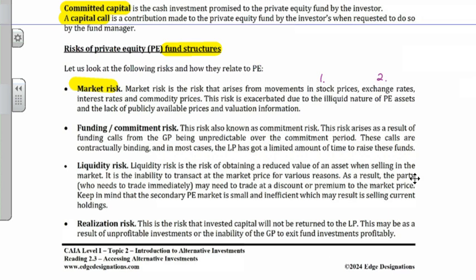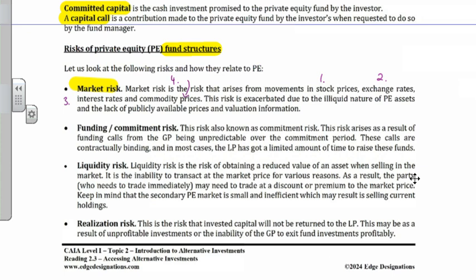Exchange rates can move against you as well. Interest rates can move against you, and commodity prices can also move against you. Market risk is often a bigger risk with private equity because you can't get in and out of the investment so easily due to a lack of liquidity.